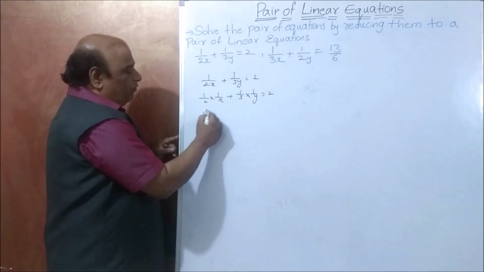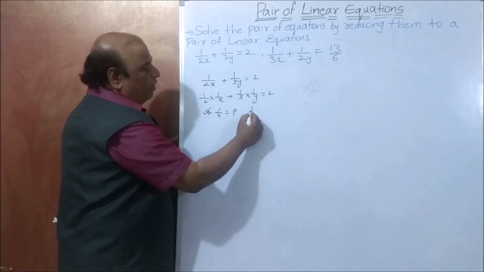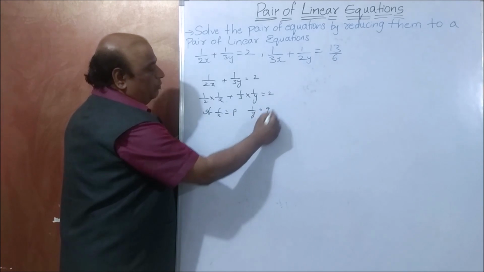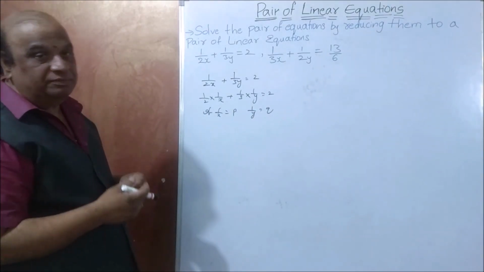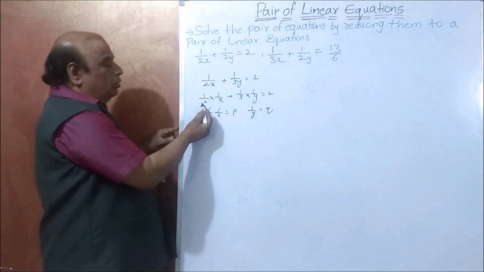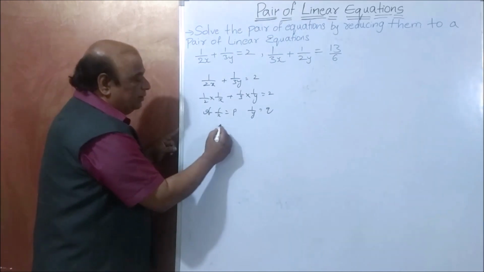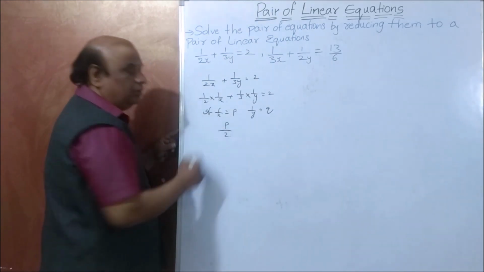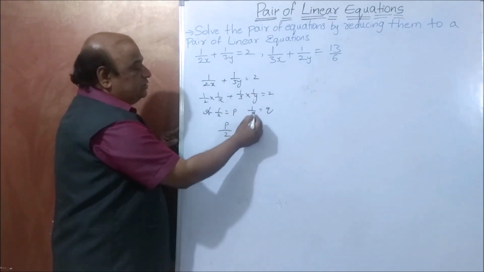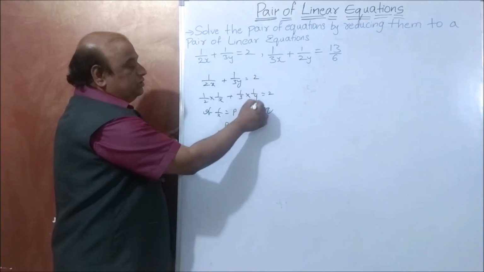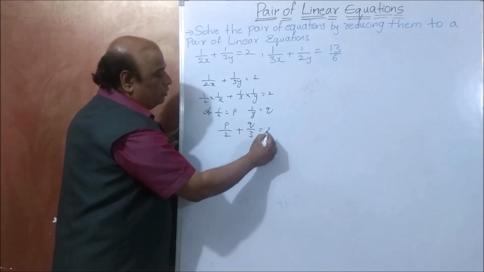Suppose 1/x is equal to p and 1/y is equal to q. Can you assume what the equation is now? 1/x is p, so it becomes p/2 plus, 1/y is q, q/3 is equal to 2.